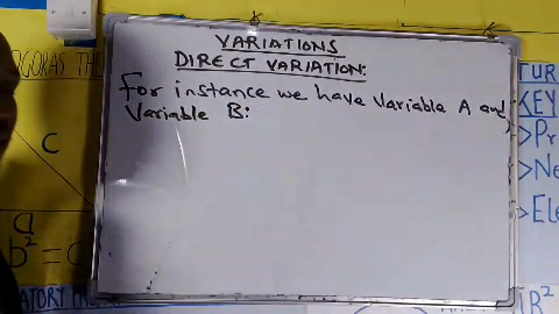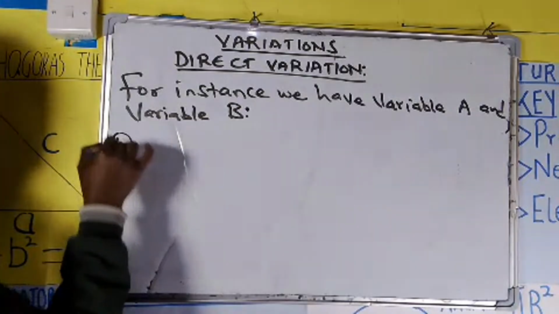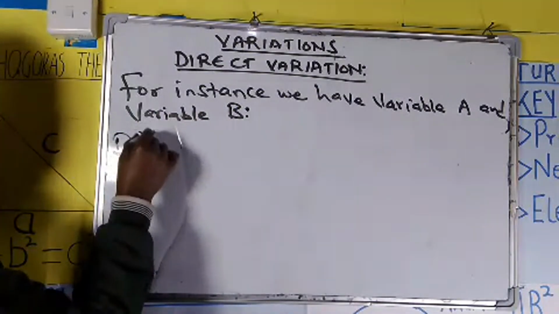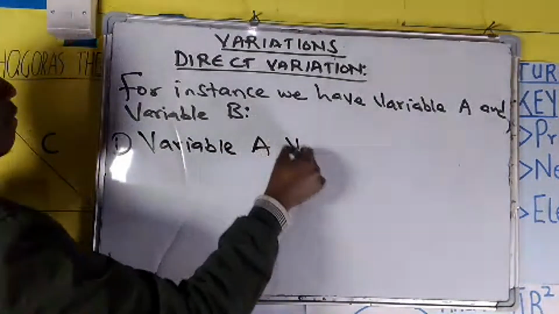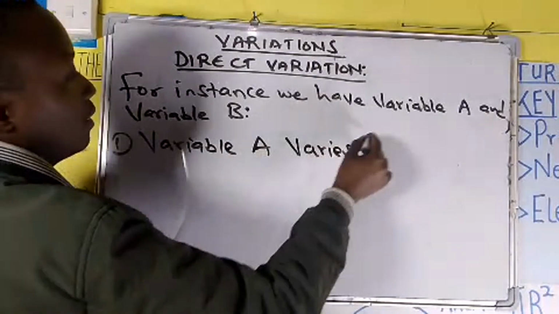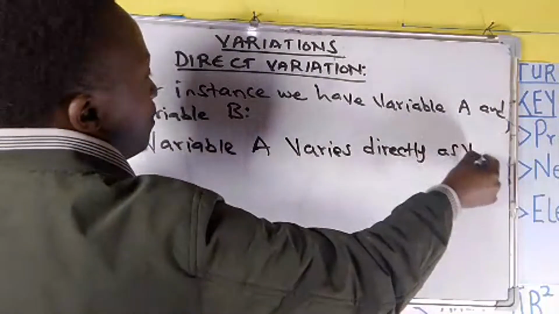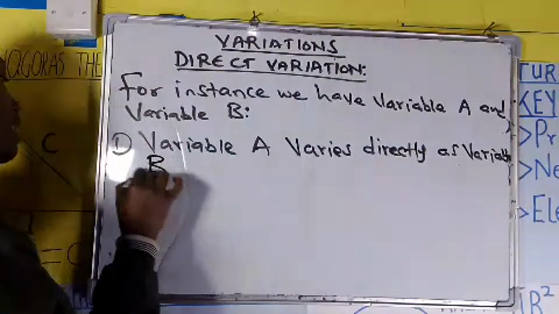And for these two different variables, maybe we come and say that variable A varies directly as variable B.